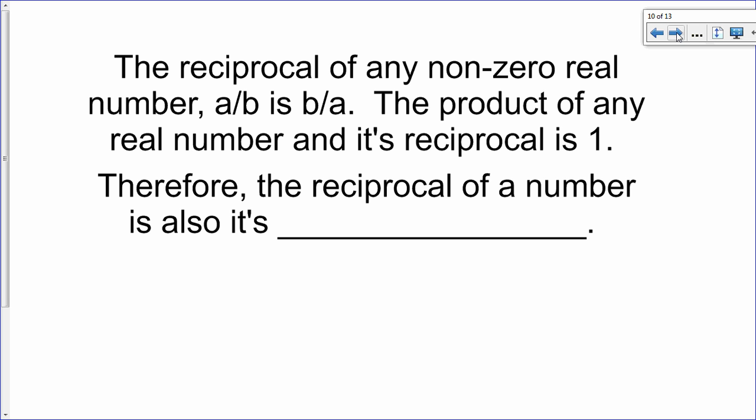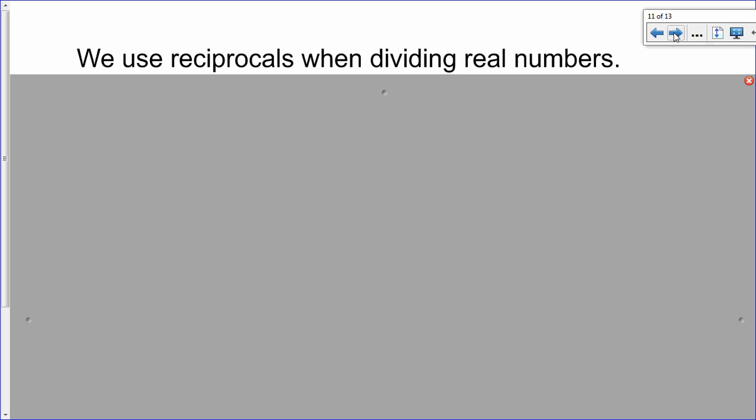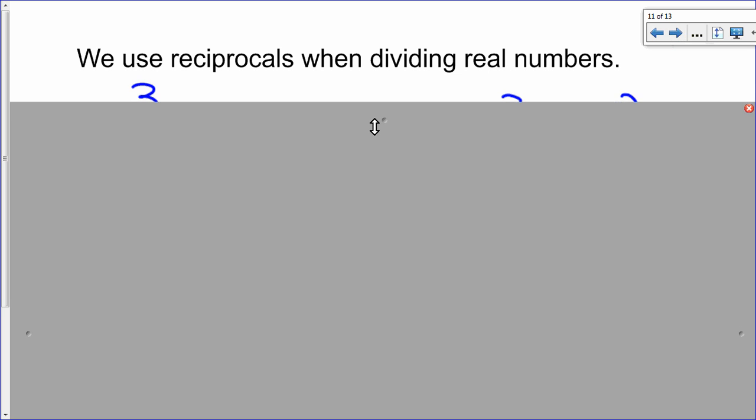I know you're familiar with that term. The product of any real number and its reciprocal is 1. Therefore, the reciprocal of a number is also its multiplicative inverse. The words are pretty interchangeable. We use reciprocals when we divide real numbers.